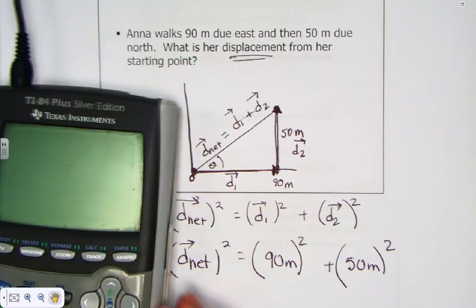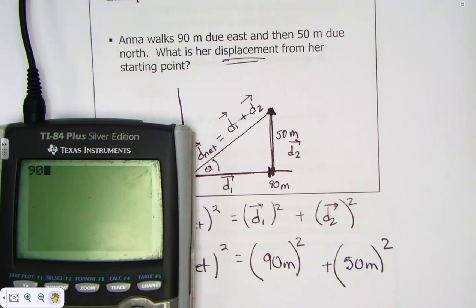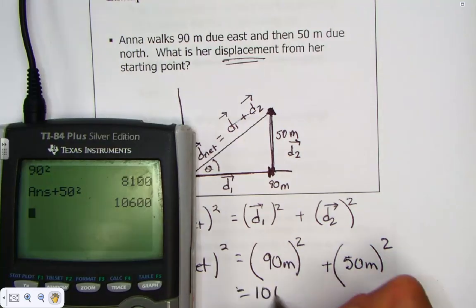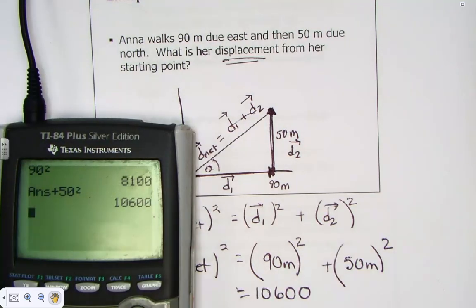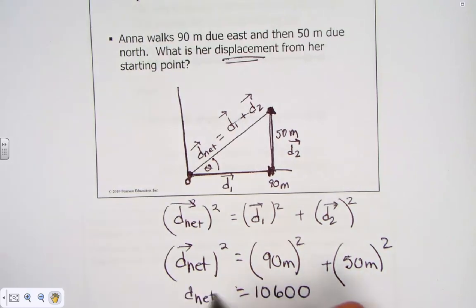Let me hit what we have so far. 90 squared plus 50 squared gets me a number. It's actually quite large. 10,600. Now remember, that's our vector quantity, yet still squared.